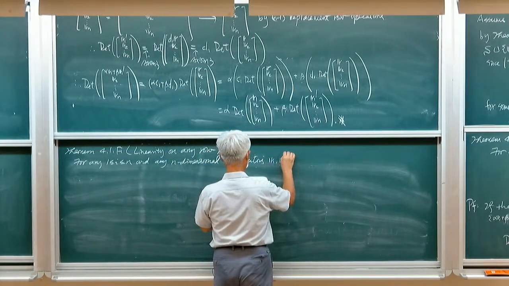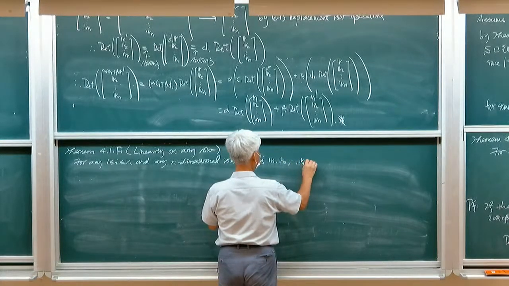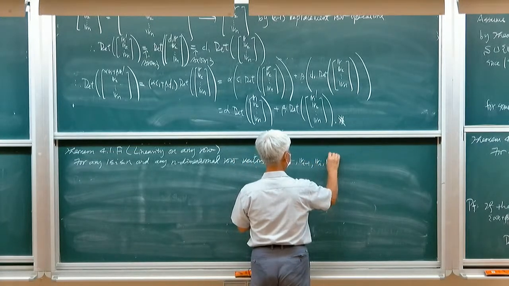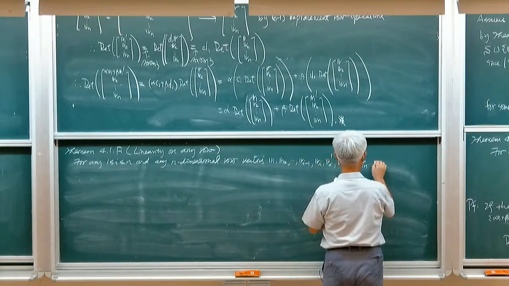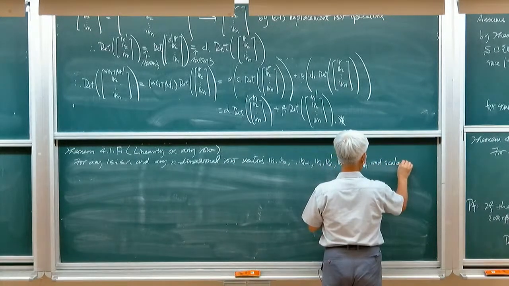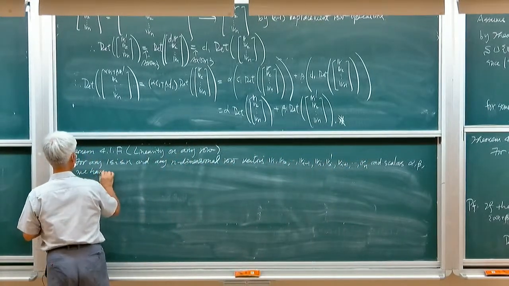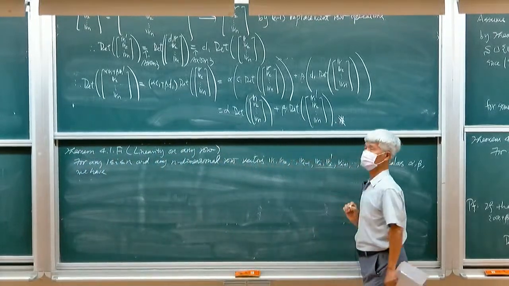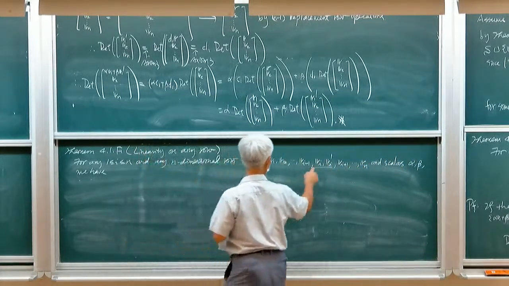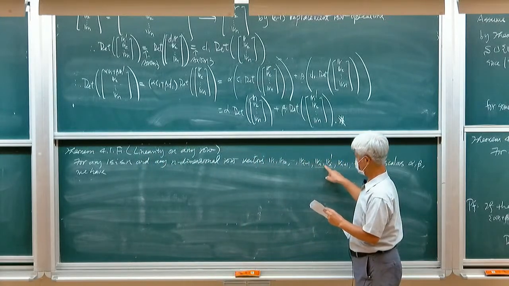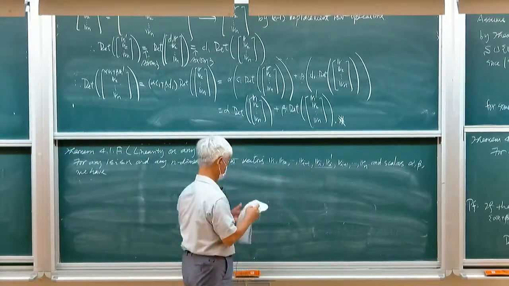R1, R2, up to R(i-1), Ri, Ri prime, R(i+1), up to Rn, and the scalars alpha, beta, we have, so here the ith row, we have two ith rows to combine to form linear combinations for the ith row.